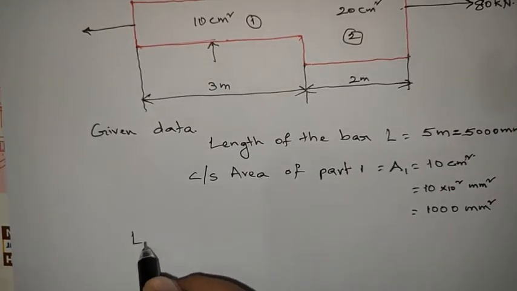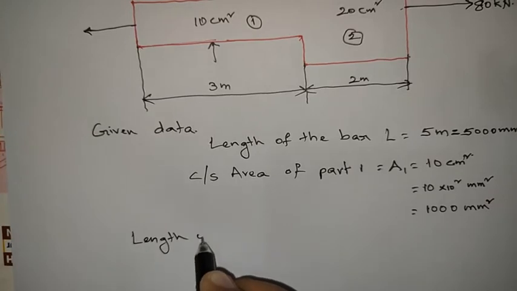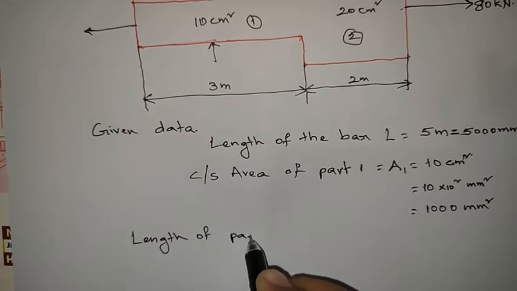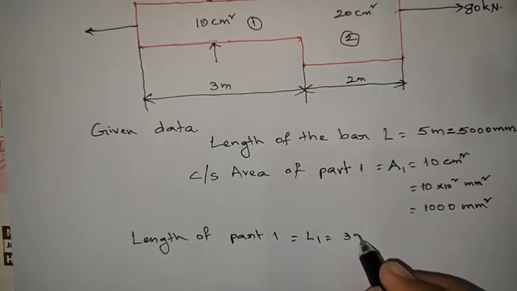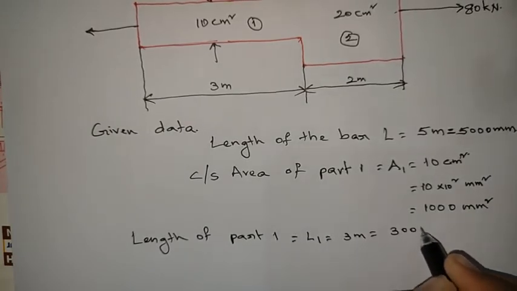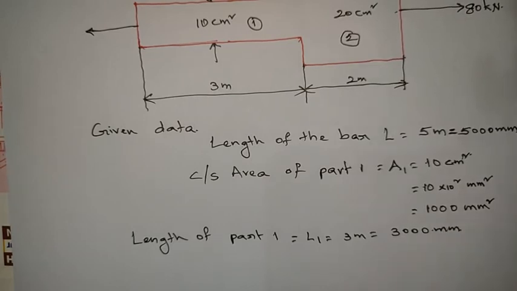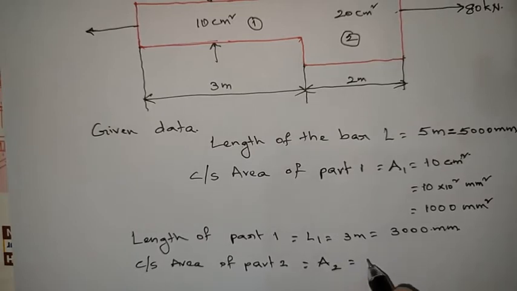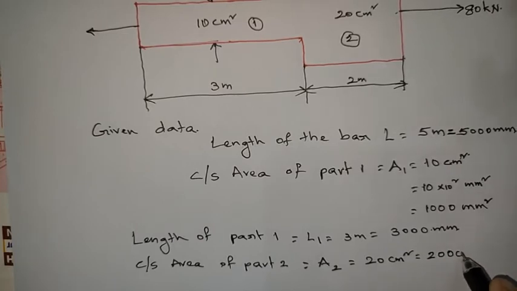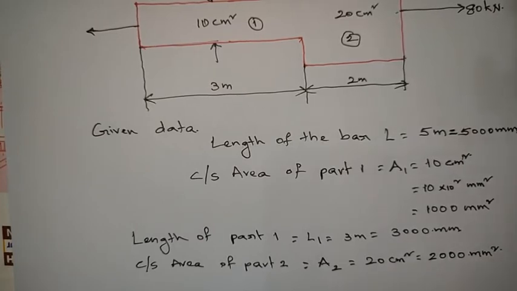Length of part 1, L1, equals 3 meters, so it is 3000 mm. Next, cross-sectional area of part 2, A2, equals 20 centimeters square, so that equals 2000 mm square.